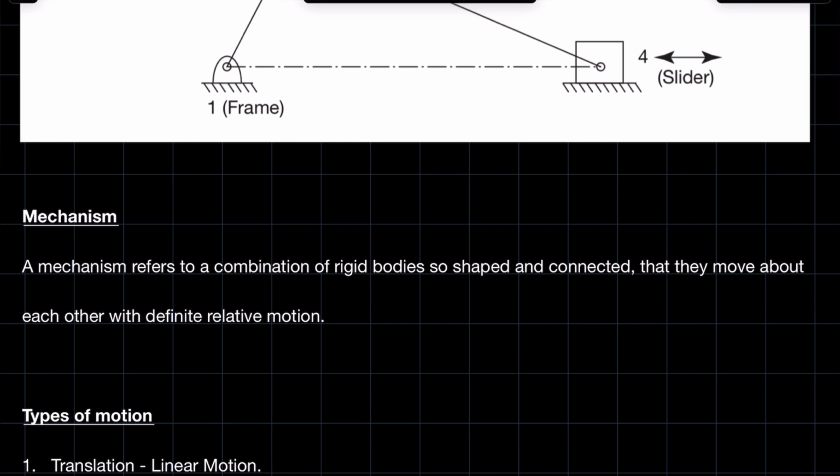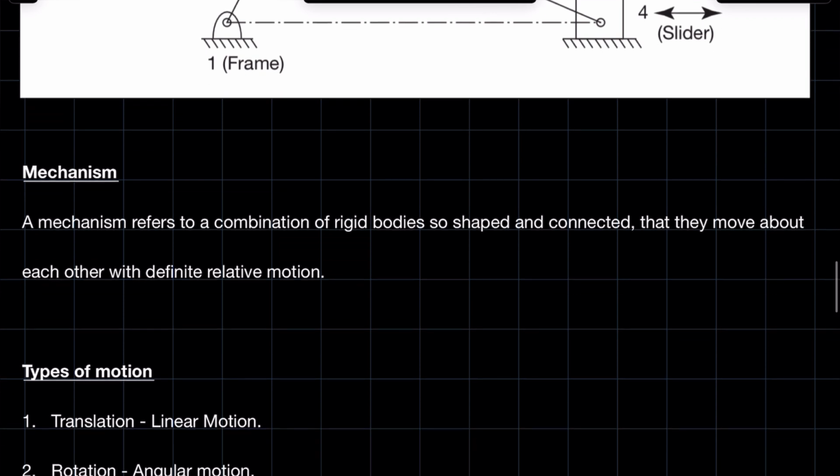Now, a mechanism is composed of links, right? Links can either be fixed, or links can also be in motion, right? So you have links that are fixed and you have links that are able to move. Now, the kinematic links that are able to be in motion will move in one of three ways, right?